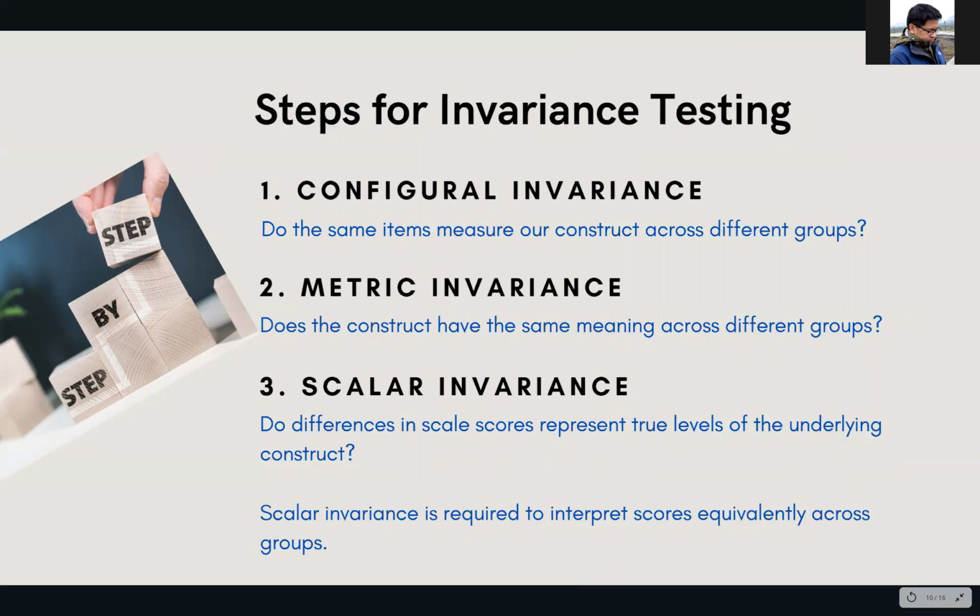For metric invariance, we tested whether the construct has the same meaning across different groups. And for scalar invariance, we tested whether differences in scale scores represent true levels of the underlying food access construct. It is required to demonstrate scalar invariance for us to validly compare scores across groups.